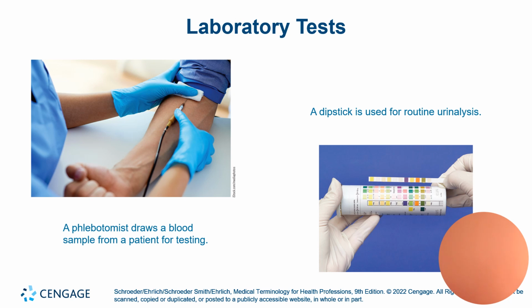A hematocrit is the percentage by volume of a blood sample occupied by red blood cells. A platelet count will measure the number of platelets in a specified amount of blood. The red blood cell count will determine the number of erythrocytes in the blood.